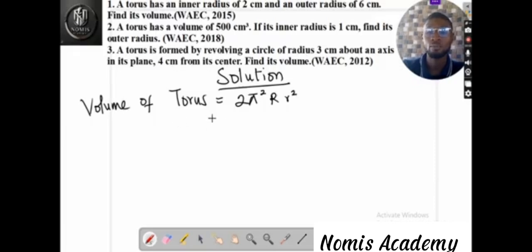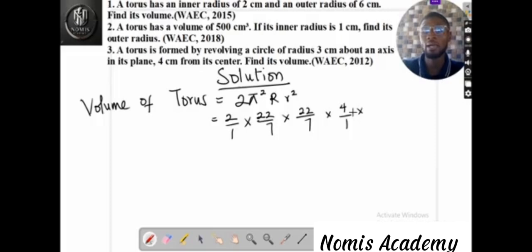So that becomes 2 over 1 multiplied by 22 over 7 multiplied by 22 over 7 multiplied by the outer radius, that is 4 over 1 multiplied by the inner radius, that is 3 centimeter squared. So remember there is a centimeter here. So we have 2 times 2 is 44 over 7 multiplied by 22 times 4 is 88 centimeter over 7 multiplied by 9 centimeter squared over 1.